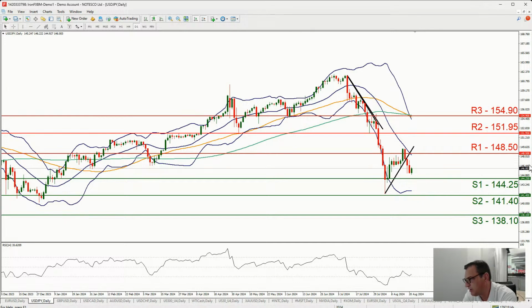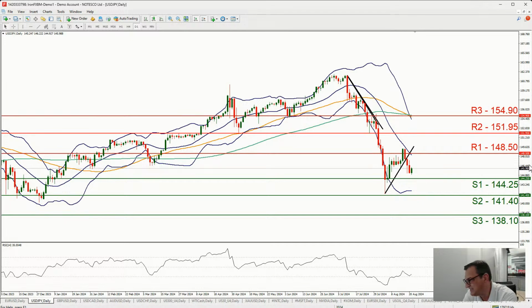For a bearish outlook, I would require the pair to breach the S1 at 144.25 and start aiming for the S2 at 141.40. On the other hand, should the bulls take over, the pair would most probably breach the R1 at 148.50 and start aiming for the R2 at 151.95. At this point, I would be noting that the possibility of a bullish outlook is still remote.